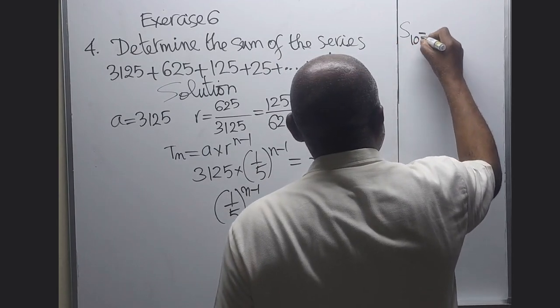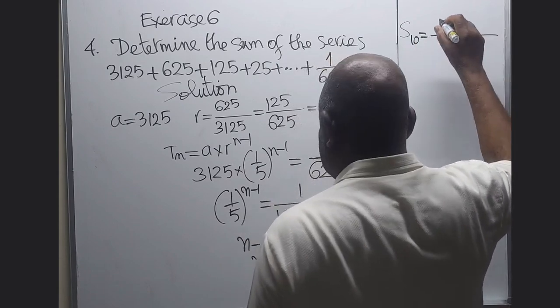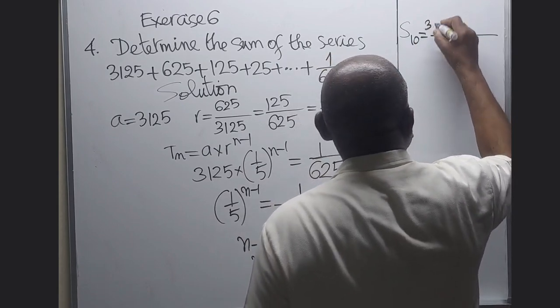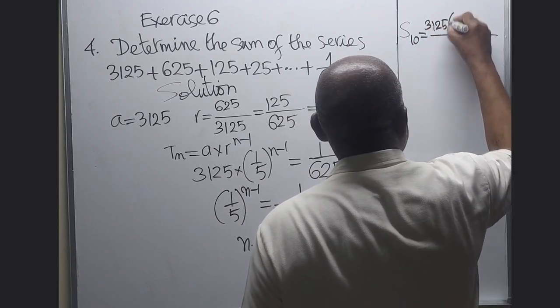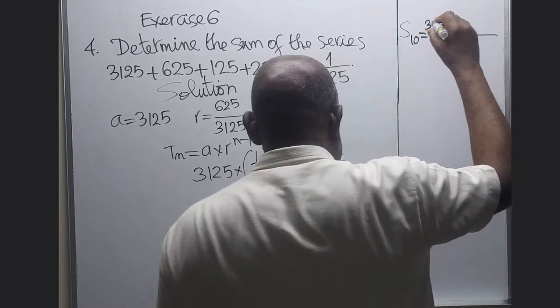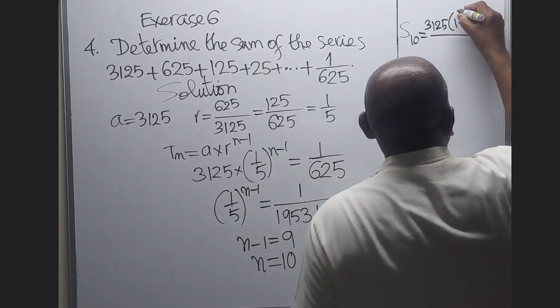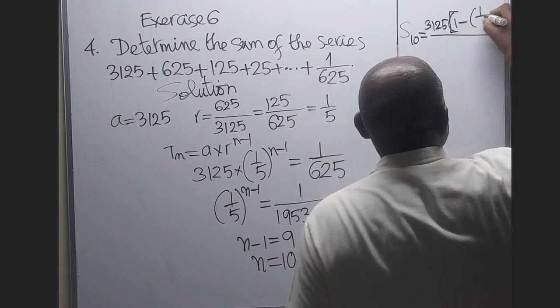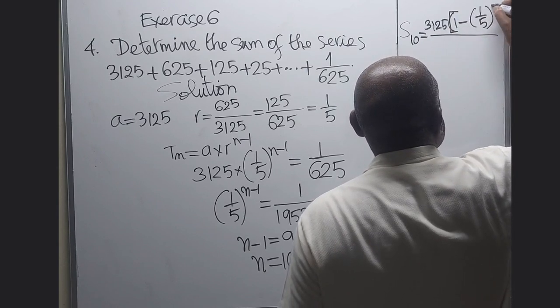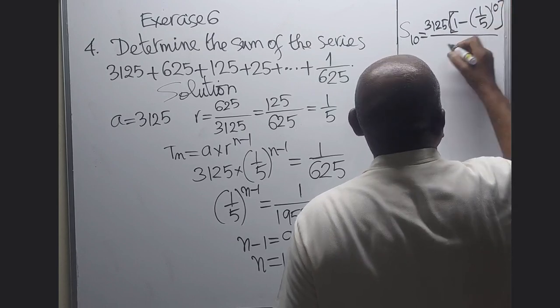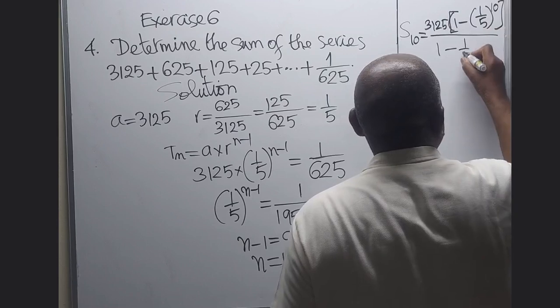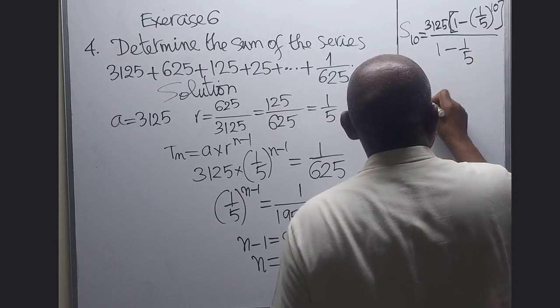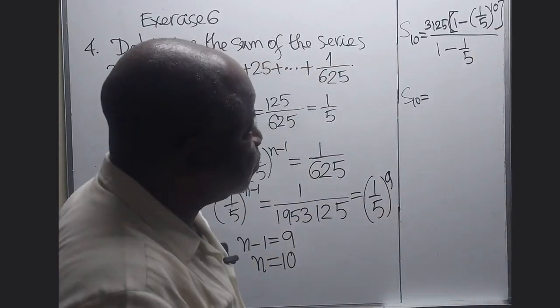So now we can calculate the sum of our series. S10 will be equal to, our first term is 3,125, times 1 minus, here I'm going to have a square bracket, 1 over 5 to the power of 10, and this will be over 1 minus 1 over 5. So I'm going to take my calculator now.